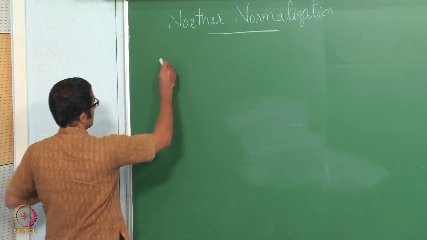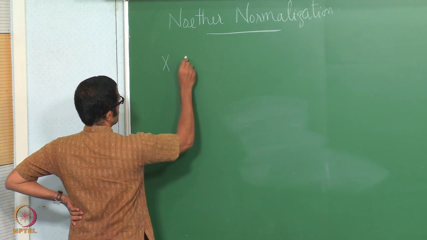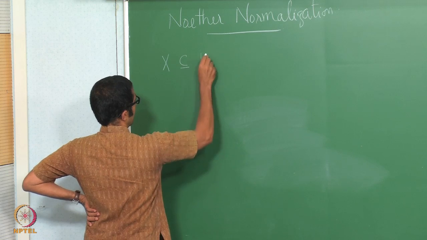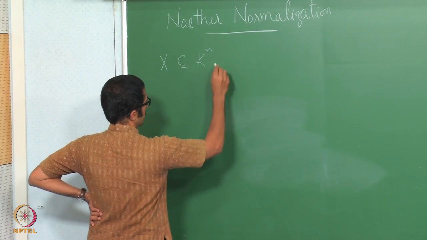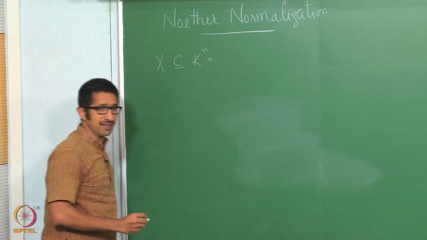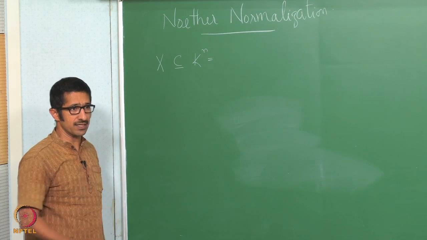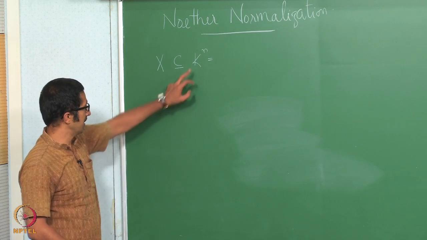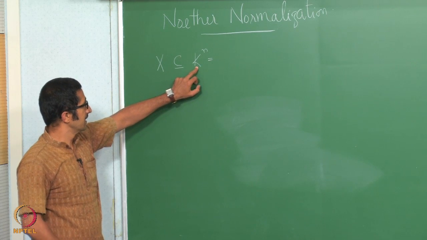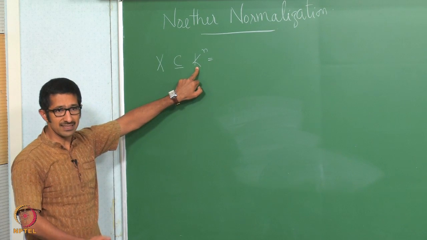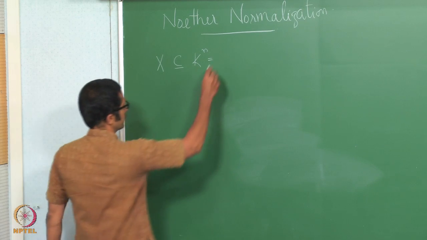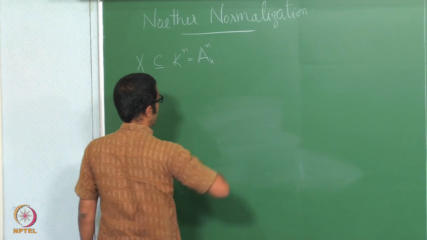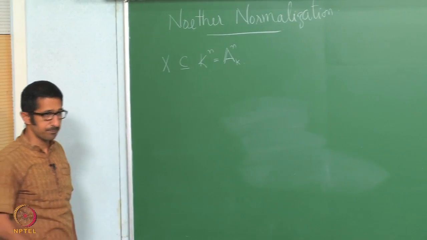So, suppose you have an algebraic set in K^n, where K is a field. We call this affine space. You must have already done the exercises in Atiyah-MacDonald that K^n with the Zariski topology is usually denoted by A^n_K, and this is called affine space.